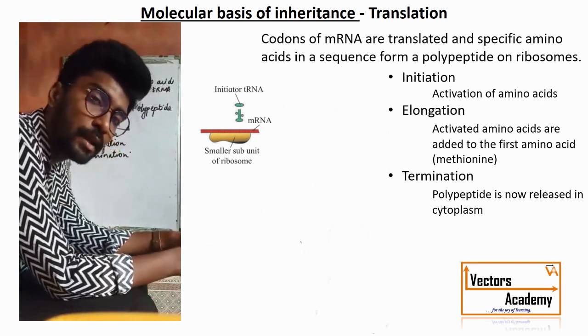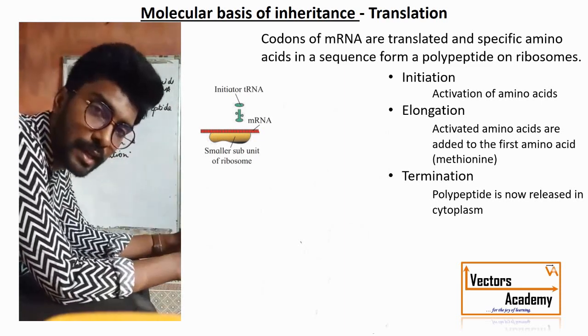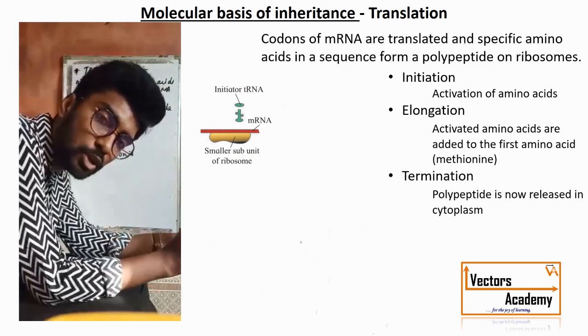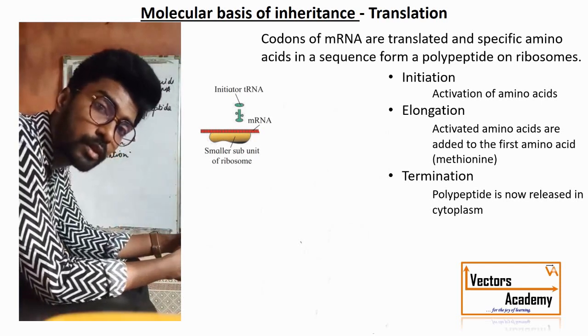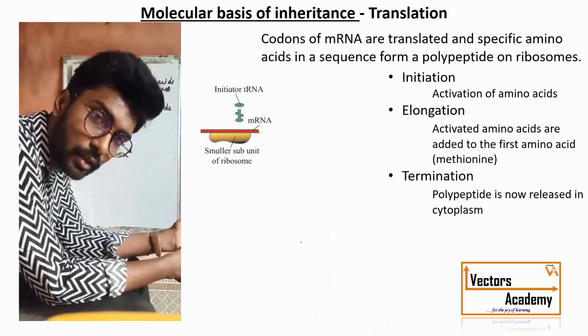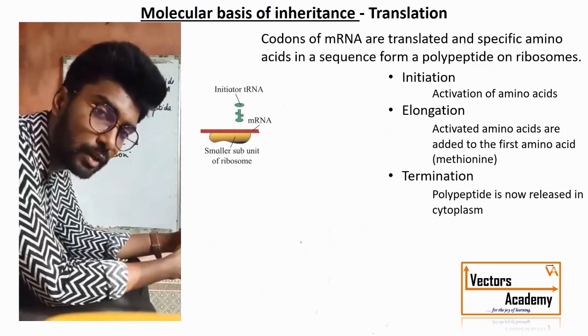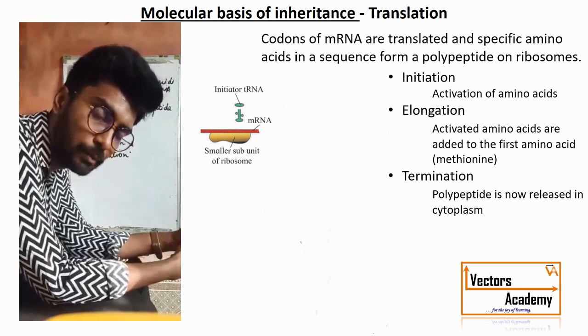So what happens here? You have ribosome 30S and 50S. So initiation takes place by binding of the mRNA on the small 30S subunit of the ribosome.